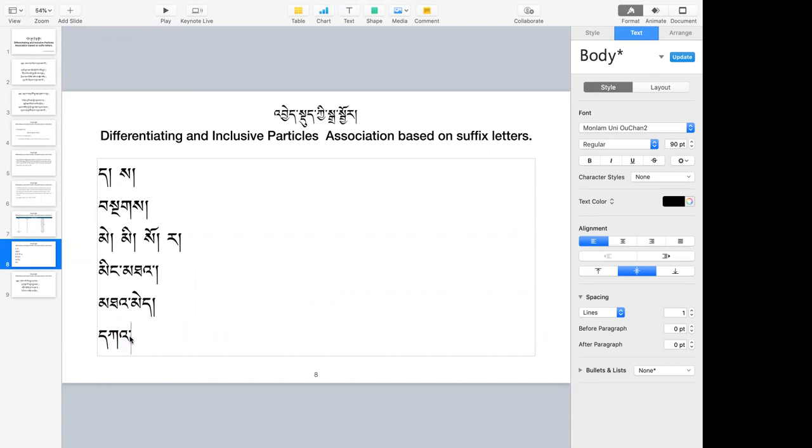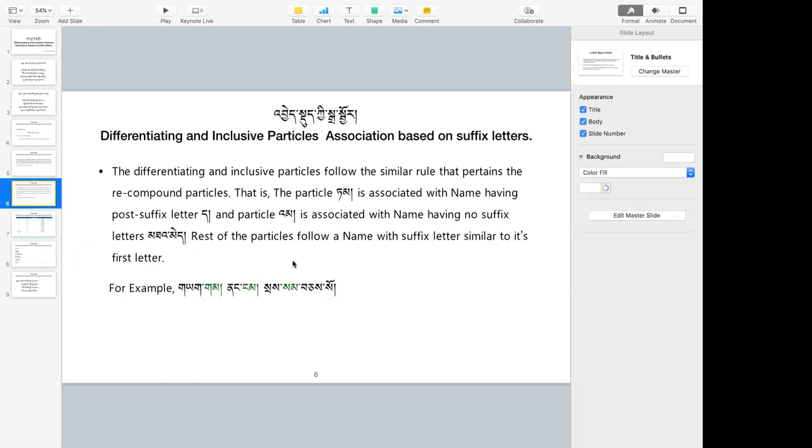So we don't know which particle should be used with this. But the rule says it should be followed by a particle that has the same first letter, so it will be followed by hum. We will get to the rules about ha. Ha is more special than other particles, and there is a reason why. So we see these examples: yakam, nangam, sesam.